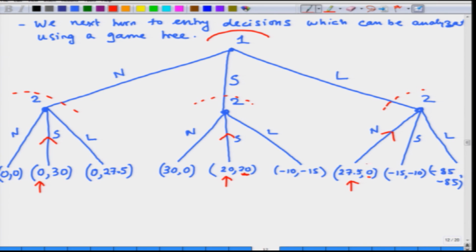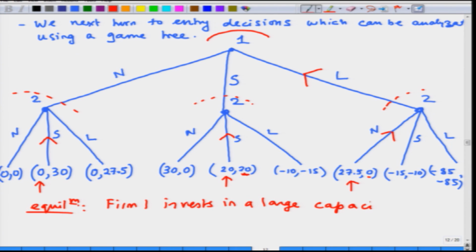Now, clearly 27.5 is the largest of that and firm 1 decides to invest in a large capacity. So, essentially the equilibrium is that firm 1 invests in a large capacity and firm 2 does not enter.